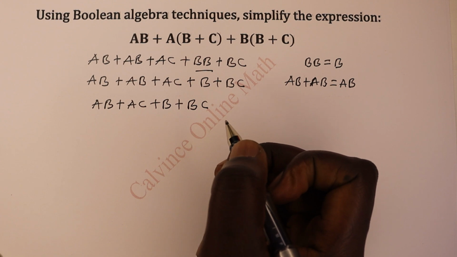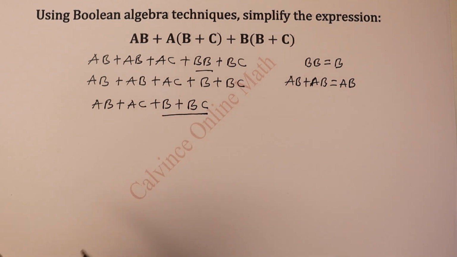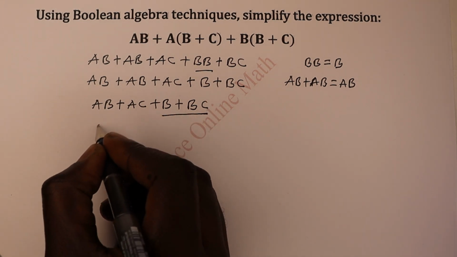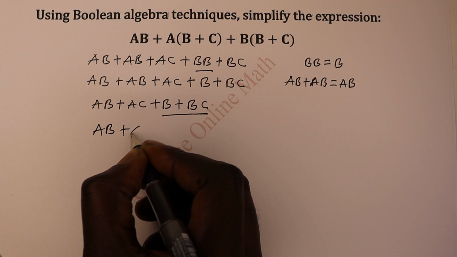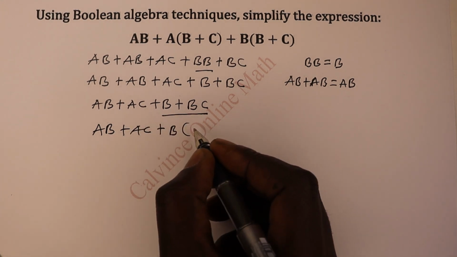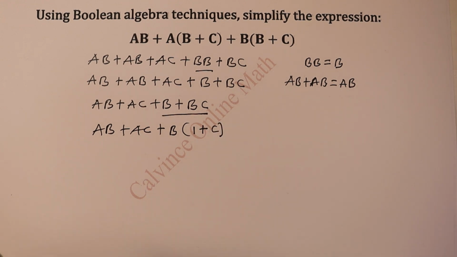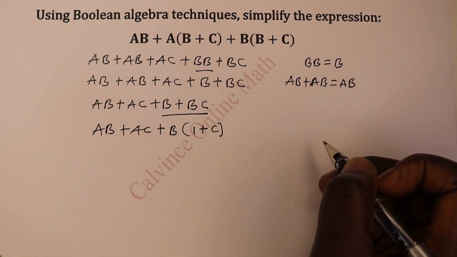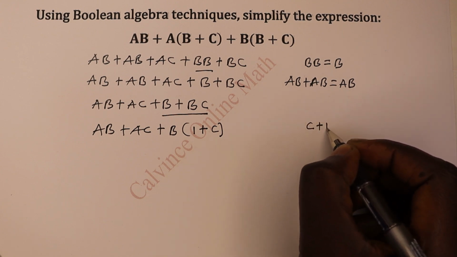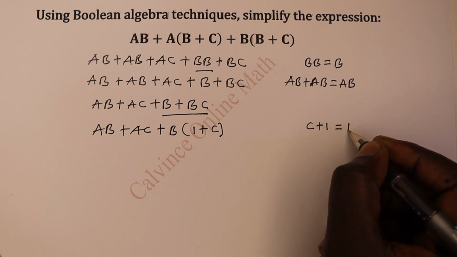After that, we look at the last two terms, and we can rewrite this as AB plus AC plus B into (1 plus C). And according to the rules of Boolean, if you OR a variable with 1, you're going to get 1.